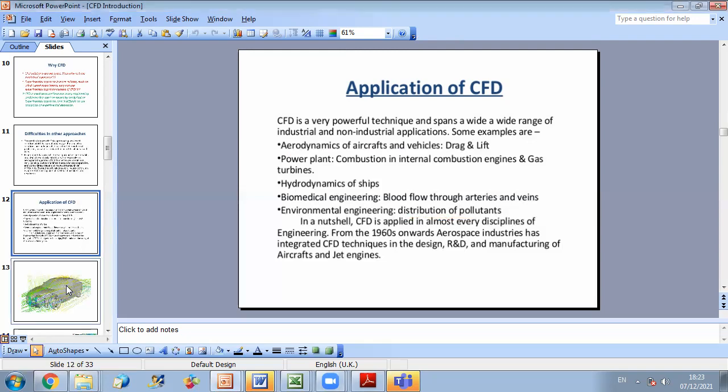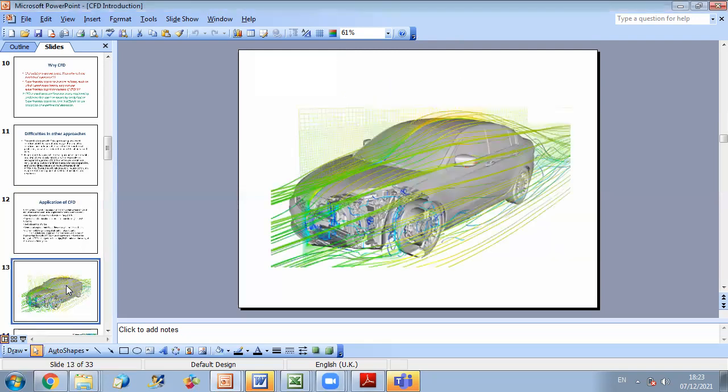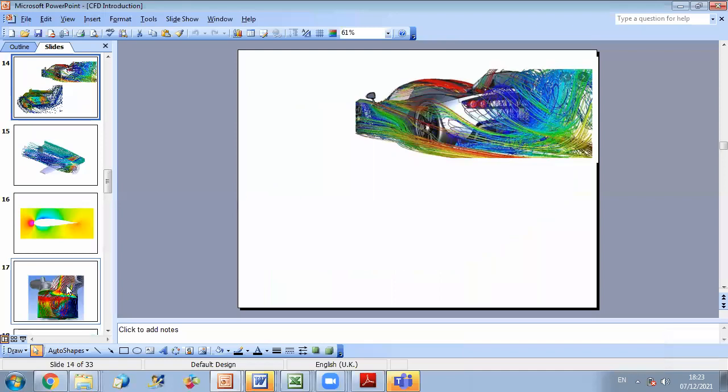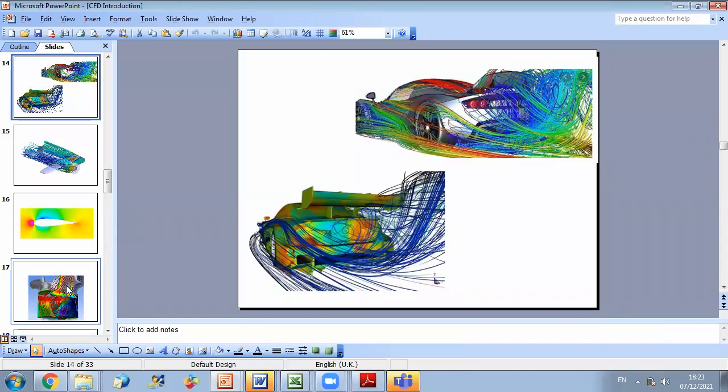Let us see now some figures showing these applications. We already talked about aerodynamics, so you can study the flow over a car, over an airplane. Also, as you can see here, you can try to see how to design your spoiler or how to shape the curvature of your car in order to reduce drag.